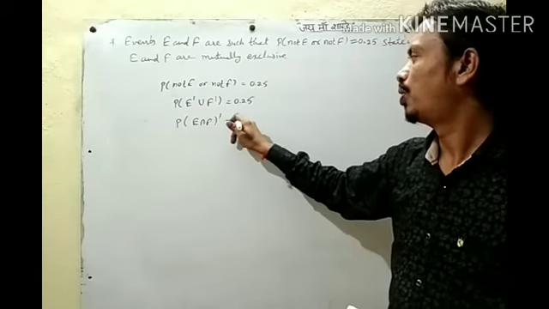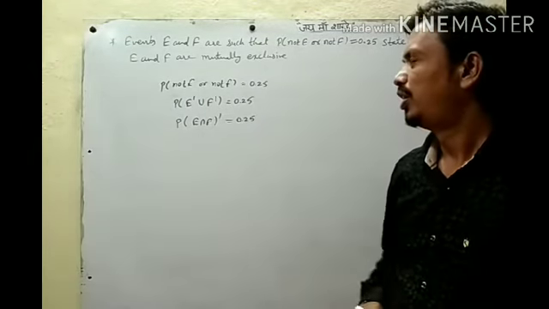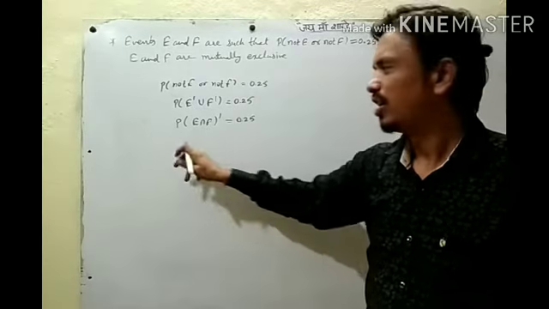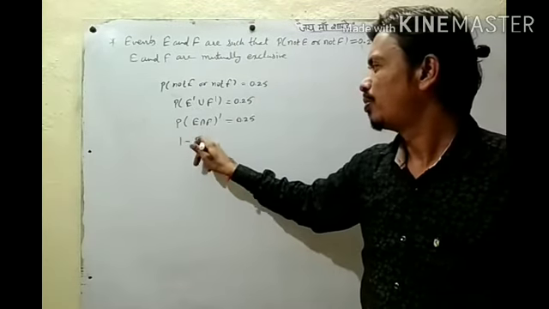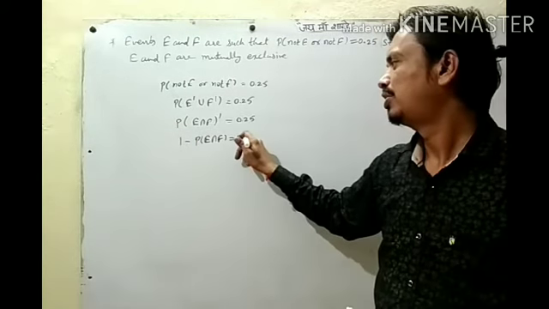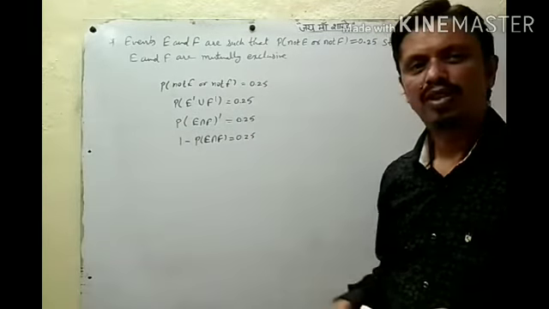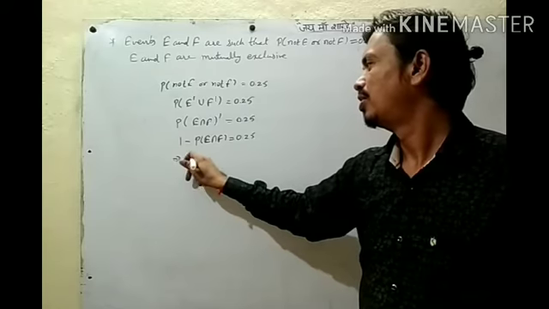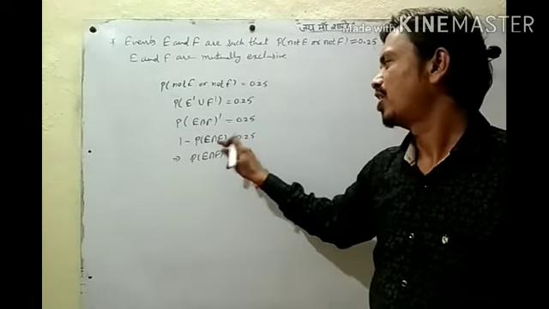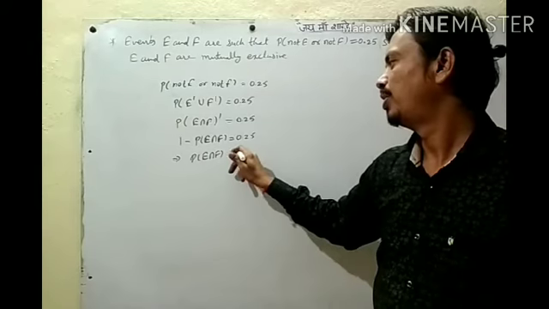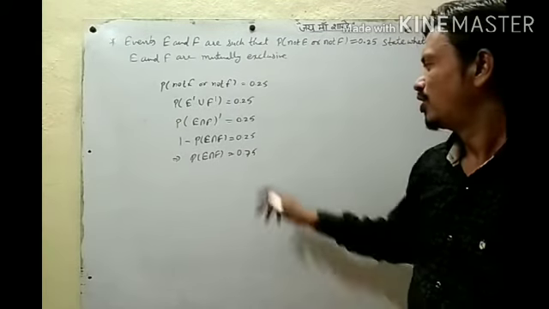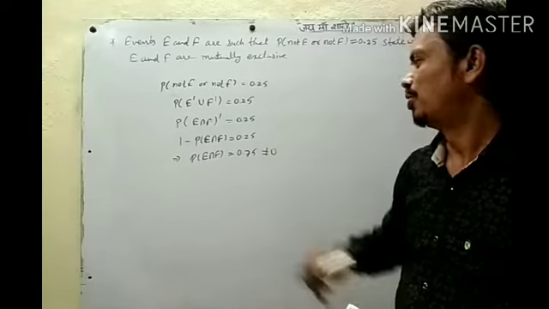So it is equal to 0.25. Now probability of not A is 1 minus probability of A. So this implies probability of E and F, 1 minus 0.25 will be 0.75. So which is not equal to 0.